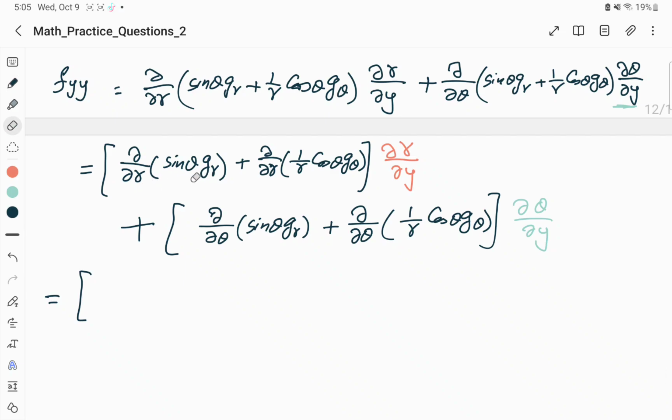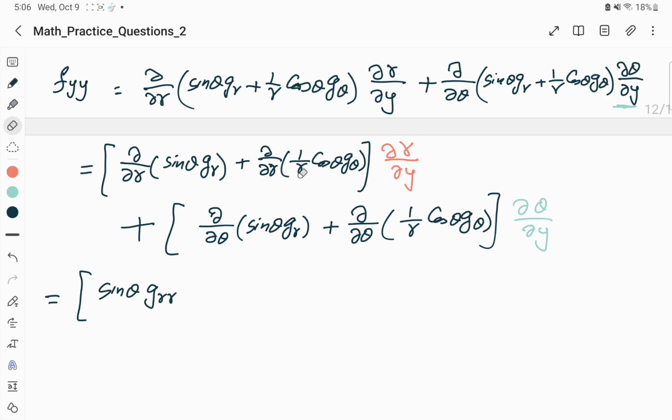So let's calculate this derivative. Here you can notice that sine theta is constant with respect to r, so that sine theta will be as it is, and the derivative of g_r with respect to r will become g_rr.